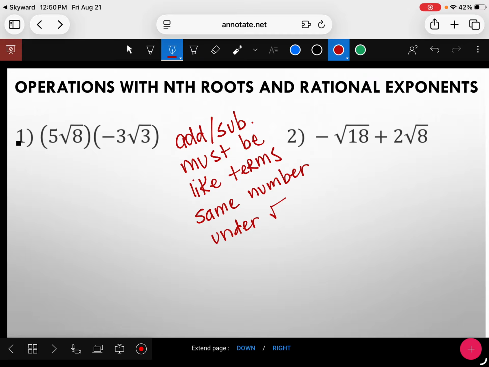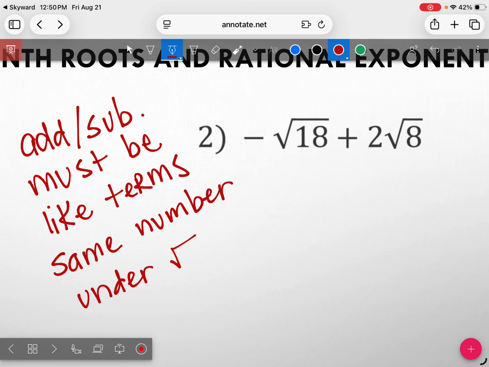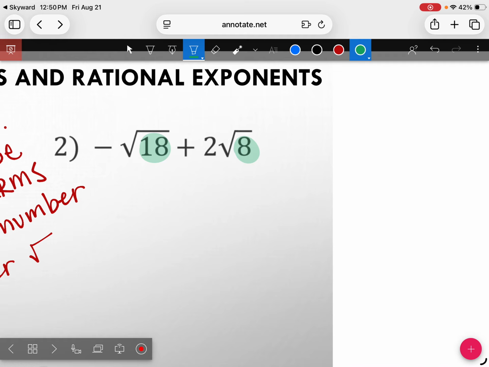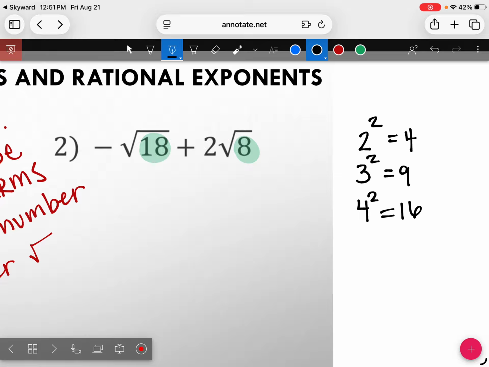All right, so the first thing we need to do is simplify. These are not simplified. So what does that mean? I'm not building a cake. But if we look at our perfect squares, we know that 2 squared is 4, and 3 squared is 9, and 4 squared is 16, okay?